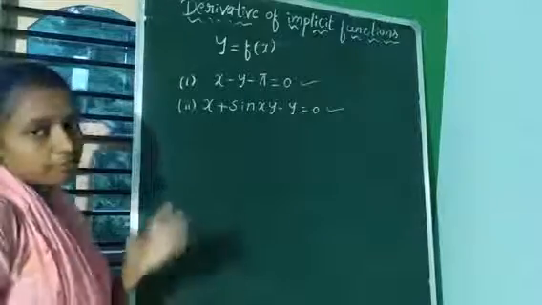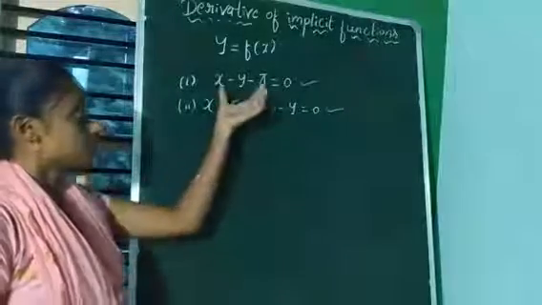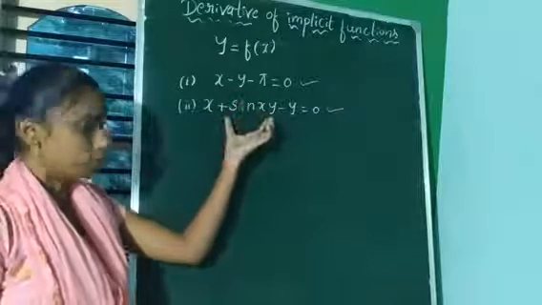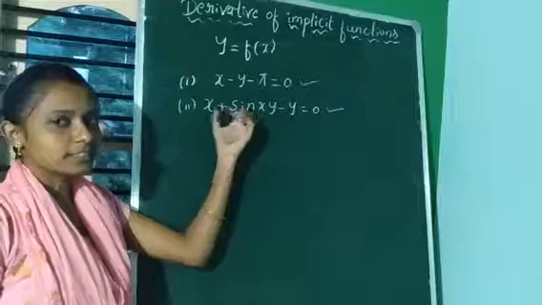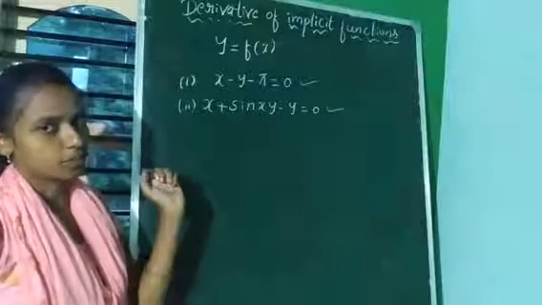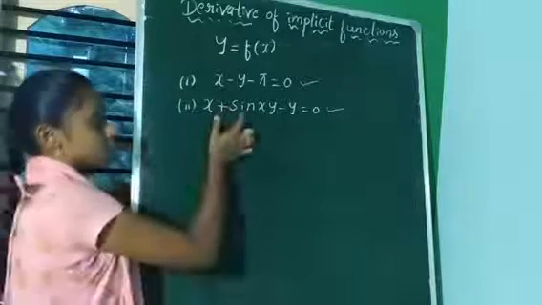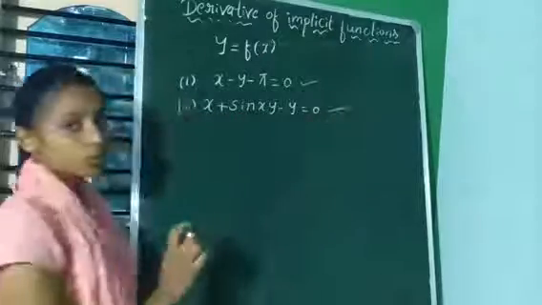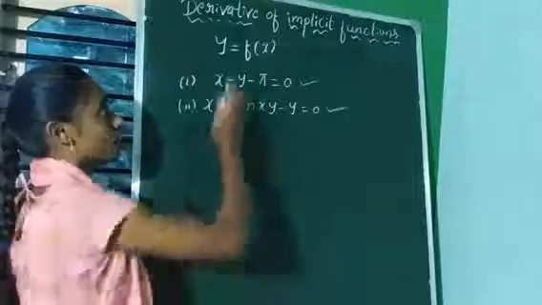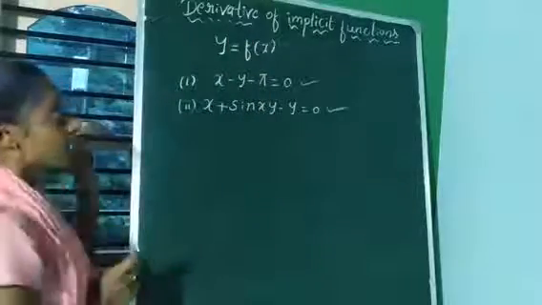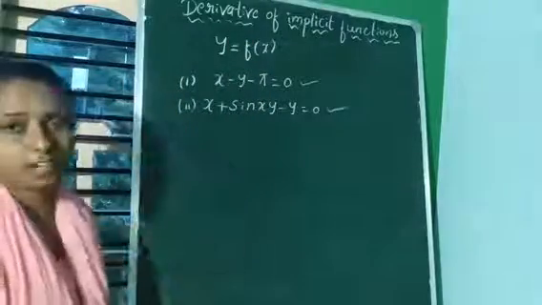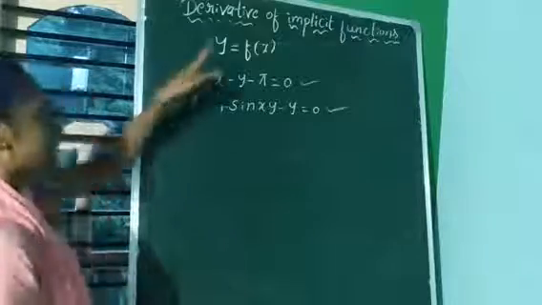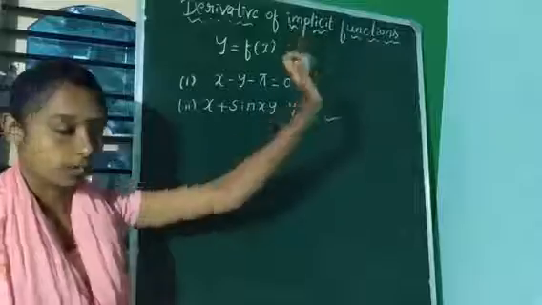An explicit function is one where we can solve for y easily, but in the second function it is a little difficult to solve for y. When it is difficult to solve for y, we say that it is an implicit function. So this is the concept we are going to discuss now, that is, the derivative of implicit functions. I will take an example and you will come to know what exactly implicit functions are.